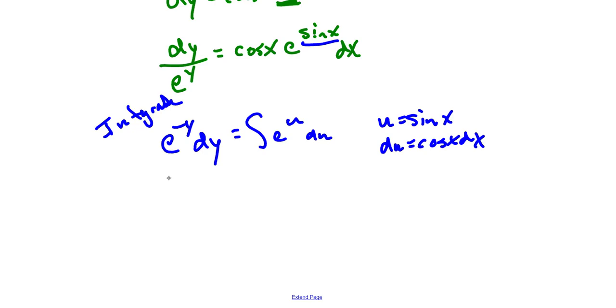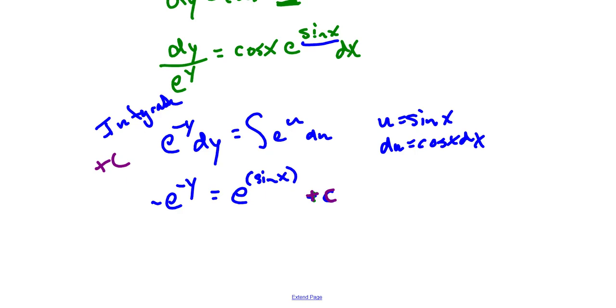And so this is going to be negative e to the negative y equals e to the u. What is u? U is sine of x. Now we're going to go plus c. So don't forget your c. Plus c. I'll put that in purple. Plus c right there, and that's what you want to have. Make sure you have your plus c, and then you solve for it if you need to.